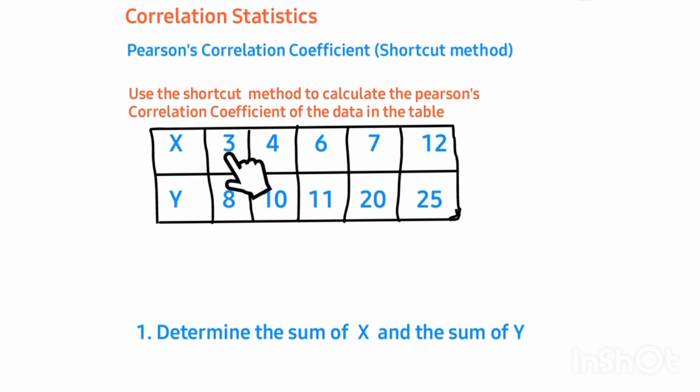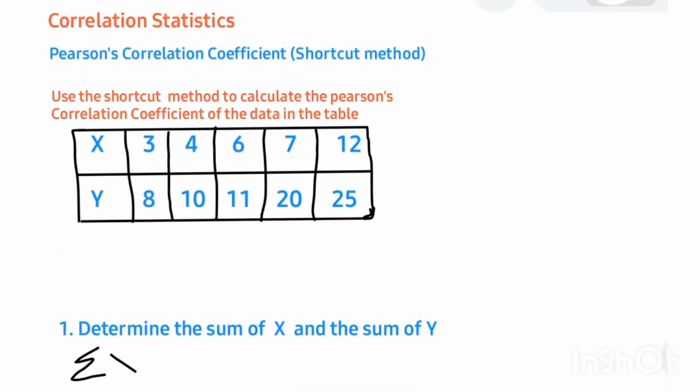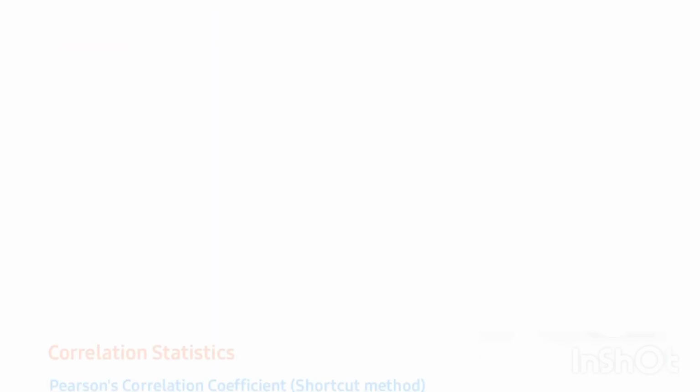And we have 3 plus 4 plus 6 plus 7 and lastly plus 12. And of course, that gives us 32. And so we record that we have summation X equal 32.